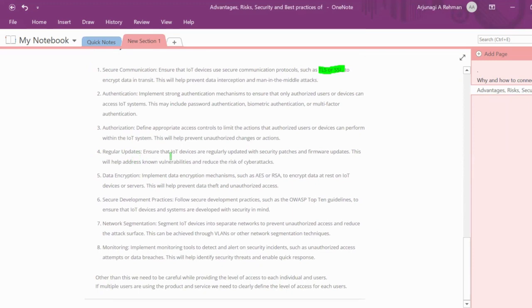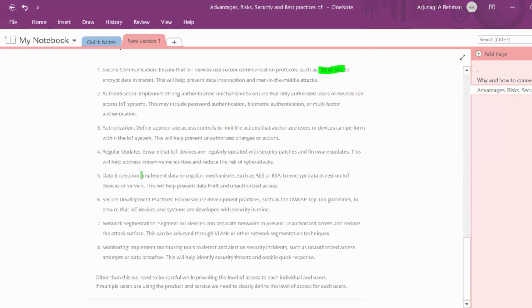Regular updates. Ensure that IoT devices are regularly updated with security patches and firmware updates. This will help address known vulnerabilities and reduce the risk of cyber attacks. Data encryption.